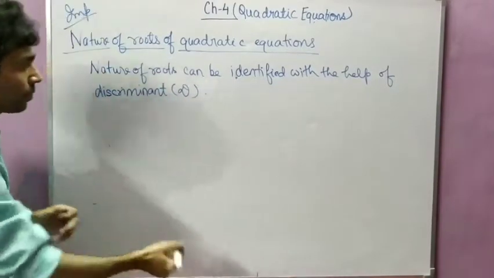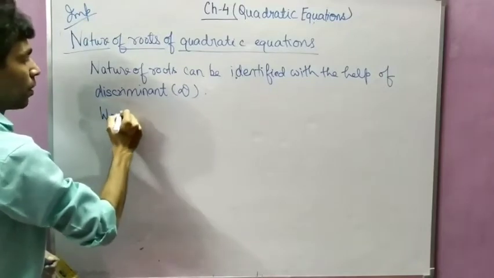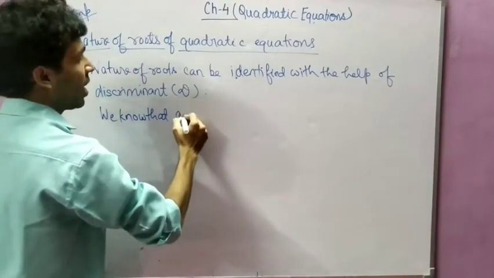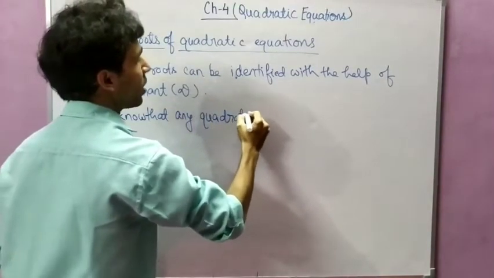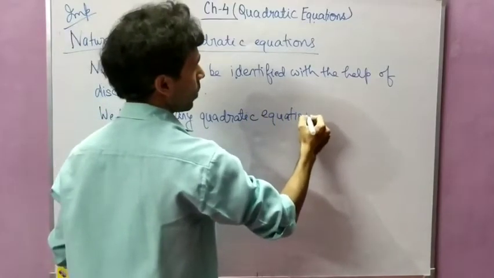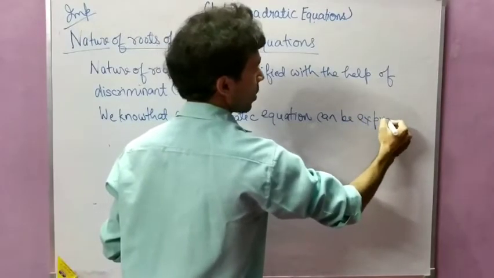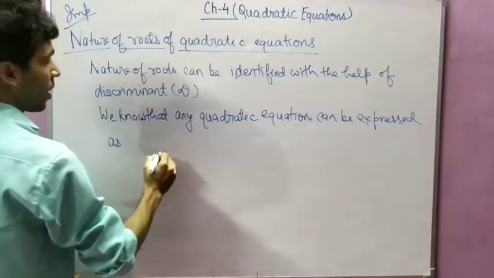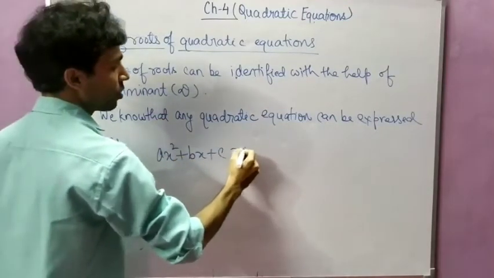So we know that now, what is our quadratic equation? Any quadratic equation can be expressed as ax square plus bx plus c equal to 0.